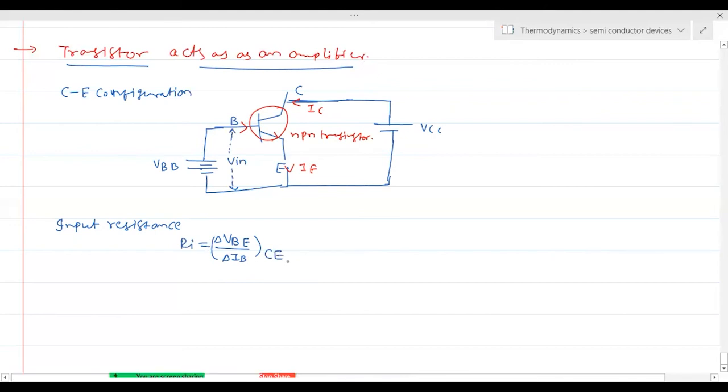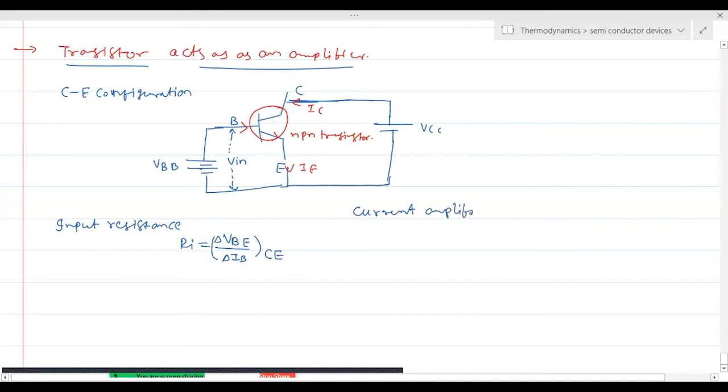And as well as, this is about Ri, and we know that the output resistance is nothing but, we will see later. So here the most important thing is current amplification. Current amplification means we have a symbol, beta.